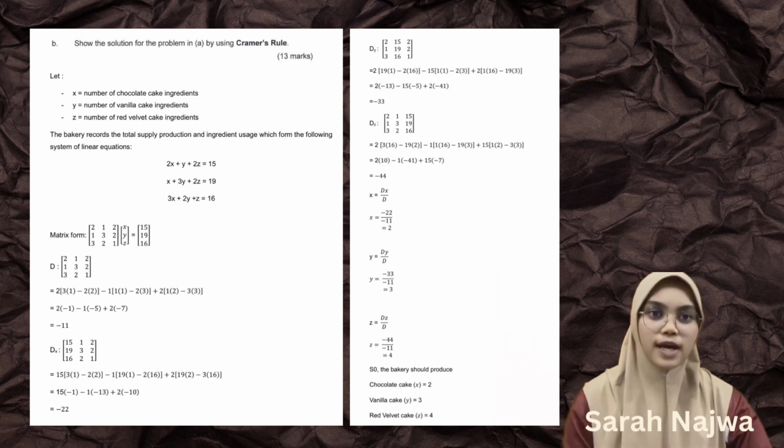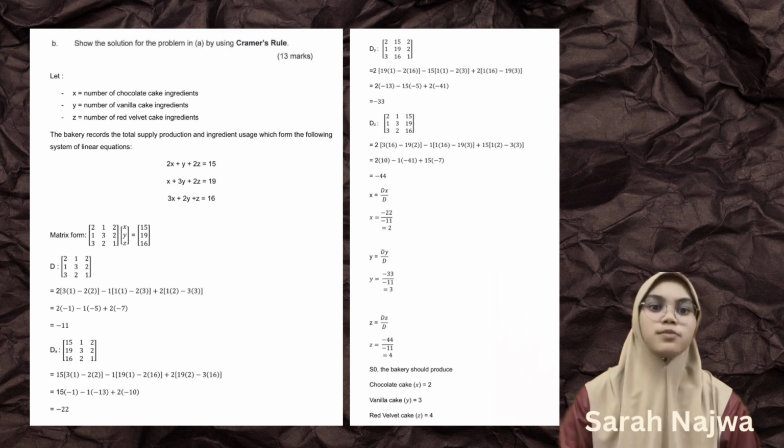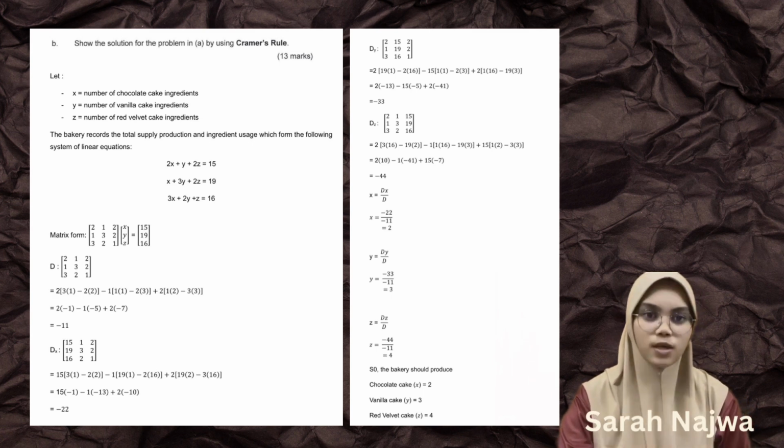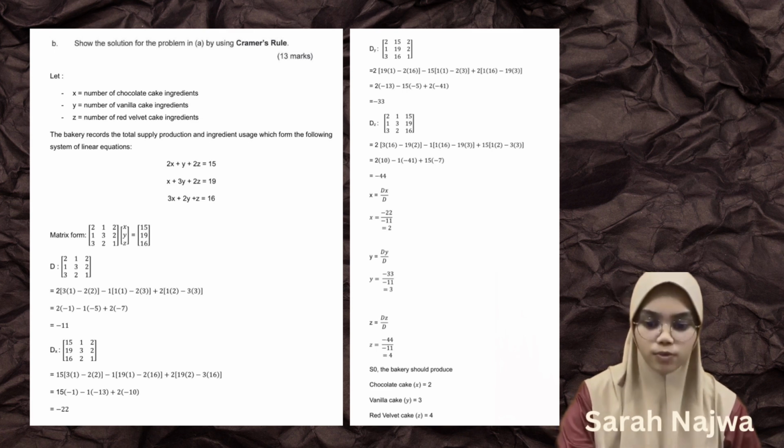Today, I will explain the solution for question number 2, which involves solving a system of linear equations with 3 variables using Cramer's rule. In this example, I used a bakery resource allocation problem.